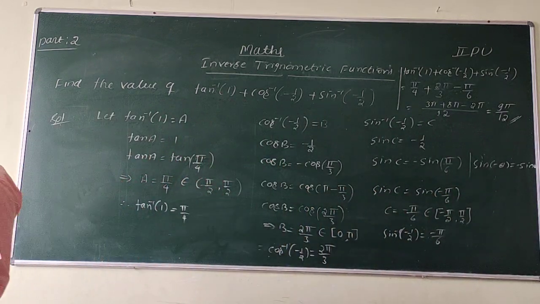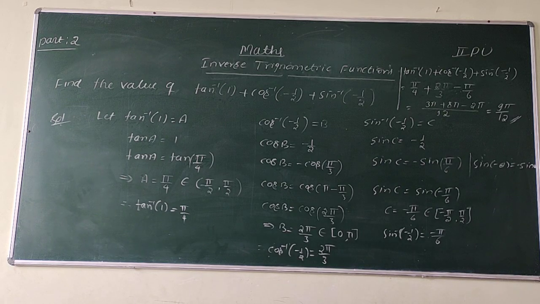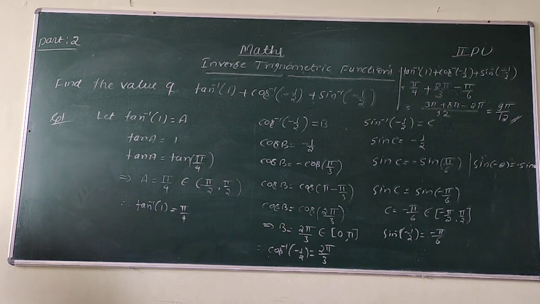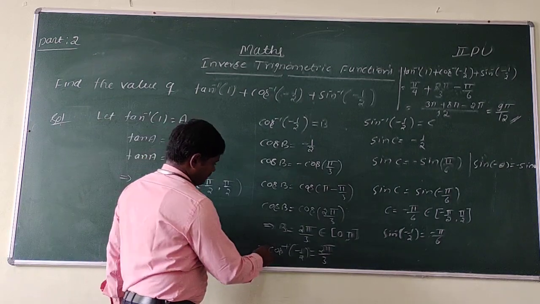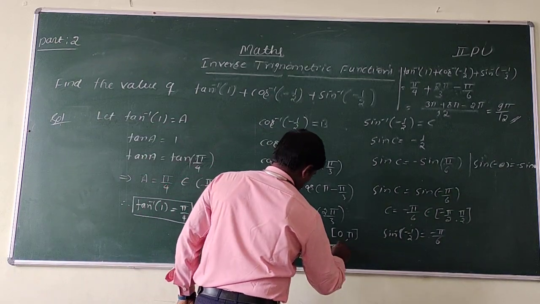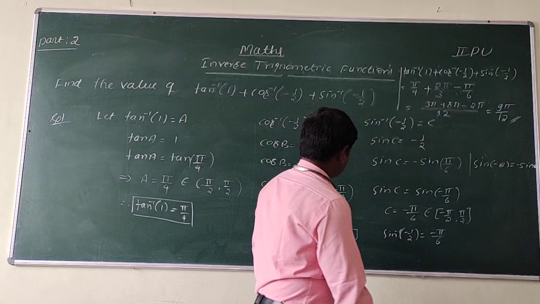So write down. This is the value of tan inverse of 1, pi by 4. This is the value of cos inverse of minus 1 by 2.